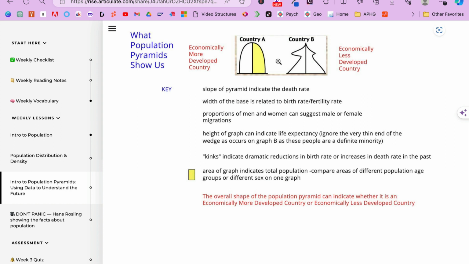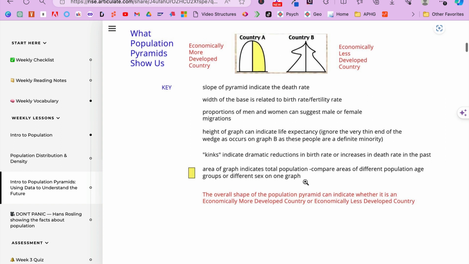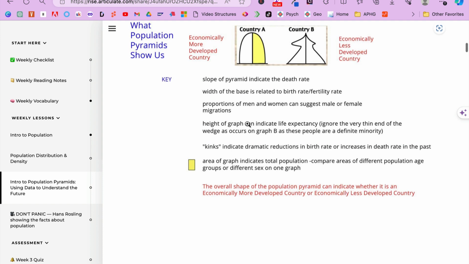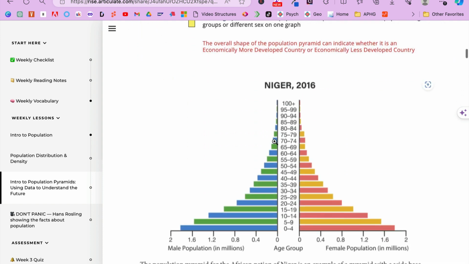The US pyramid shows a kink after World War II, things like that. So something's going on there. And then if you just look at the area of the graph, that represents total population. So overall shape can indicate whether it's more economically developed or less economically developed just by looking at it.